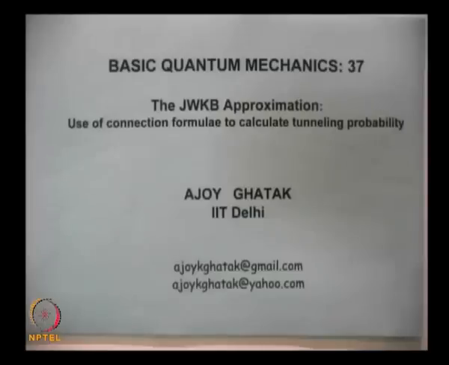In our last lecture we had used the JWKB solutions to solve two eigenvalue problems. One corresponded to the linear harmonic oscillator, and the second was for the linearly varying potential, with the potential going to infinity at x equal to 0.